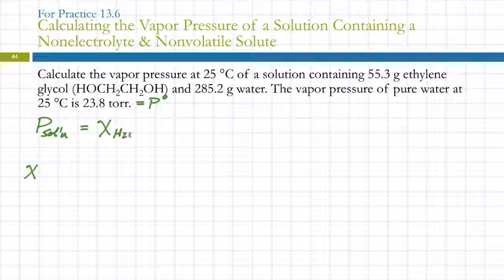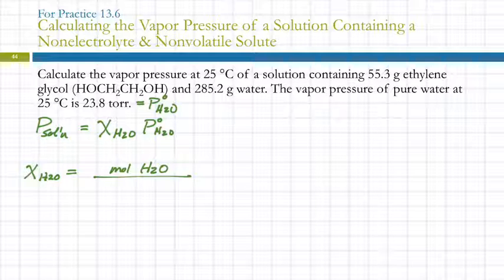The water is our solvent, so I'm going to use H2O there instead of solvent. So the mole fraction of water will equal the moles of water, the part over the whole.